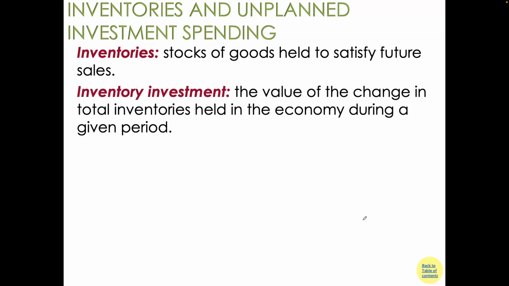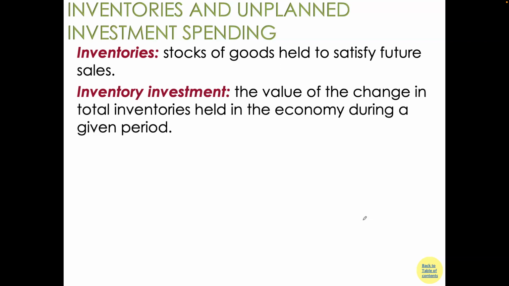So they bring 10 cars as they planned, but they only sold 2, meaning their inventory is going to go up by 8. On the other hand, they bring 10 cars, but the sale was crazy. They sold 20 cars. And then the inventory is going to go down by 10. So these 2 examples we'll classify as inventory investment.